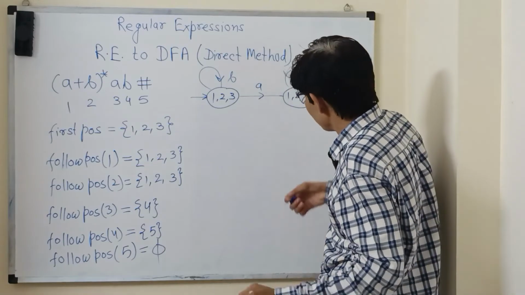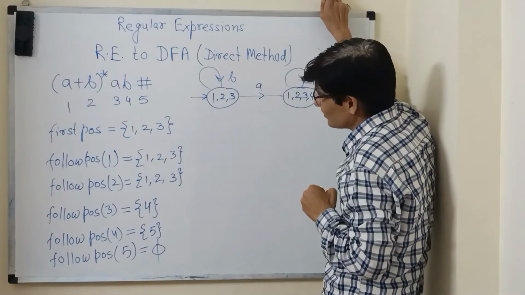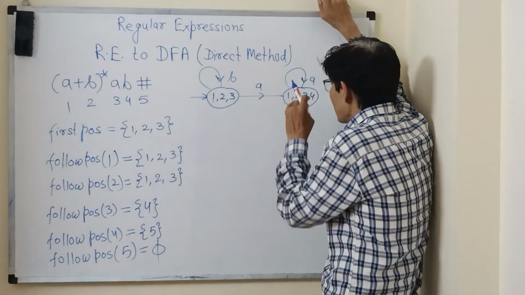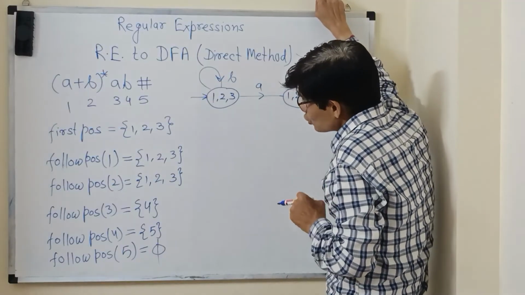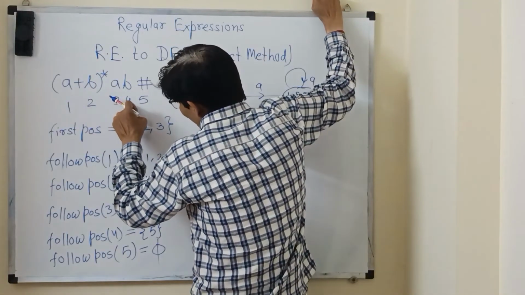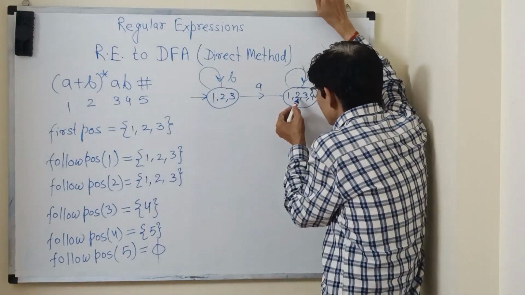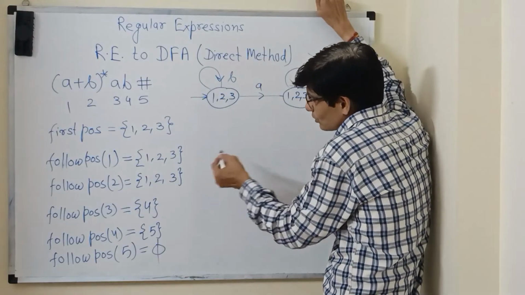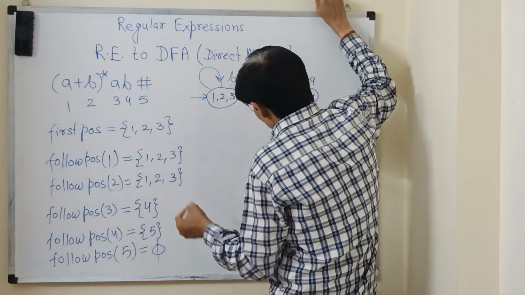Now, to see the transition of B from this state, we need to know how many numbers we have assigned to B out of these 4 numbers. So we have assigned 2 and 4 to B in the regular expression. So we will take the follow pos of 2, which is 1, 2, 3, and the follow pos of 4, which is 5.